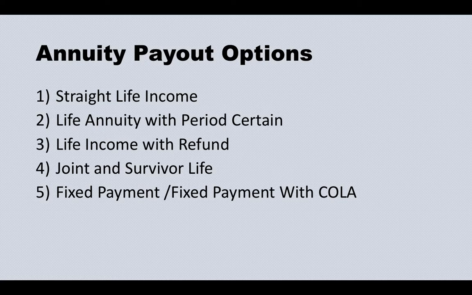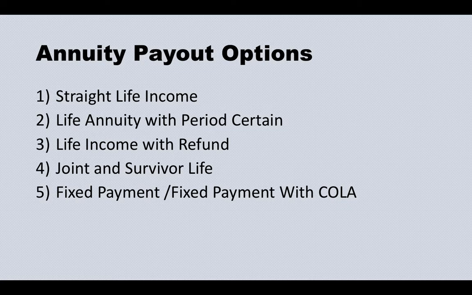The life income with refund. Say your $1 million policy will pay you $80,000 per year. If you die at the end of the first year, you still have a $920,000 balance, and this balance is paid to your beneficiary.